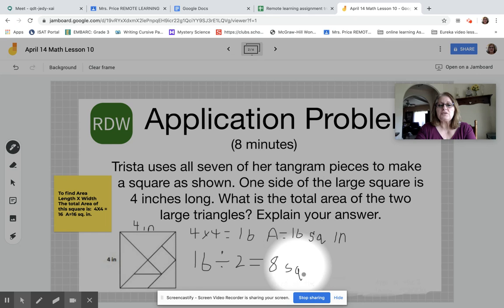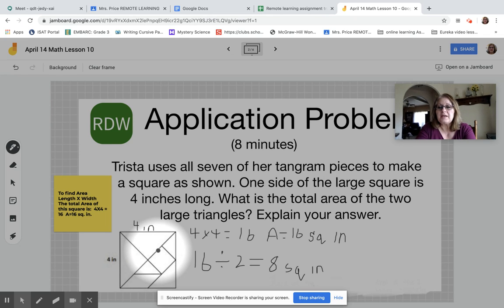Then it says to explain your answer. We kind of just did as we were talking ourselves through it. To explain our answer, we took the total area of the whole square and then divided it in half, because these two larger triangles are half of the shape.